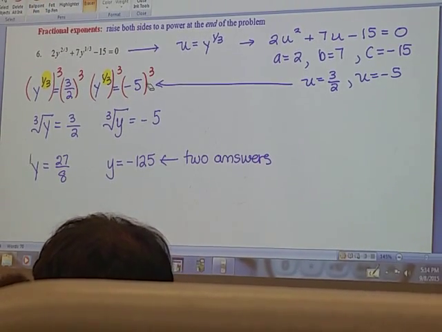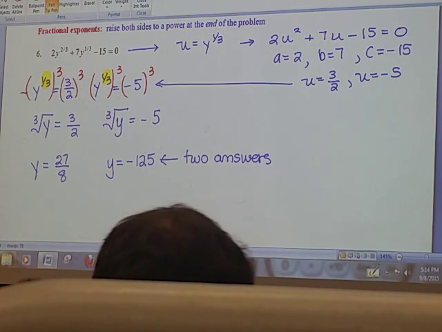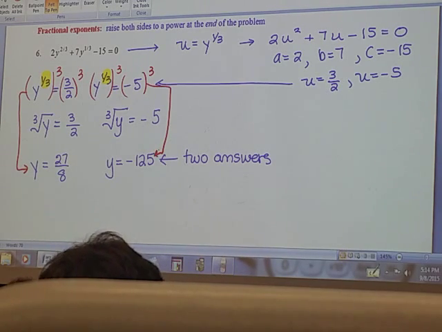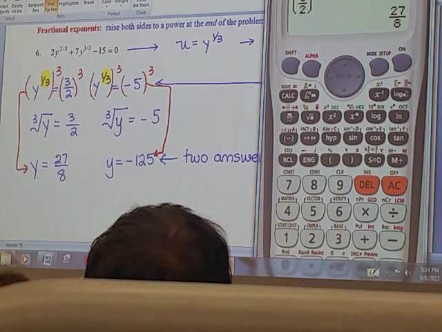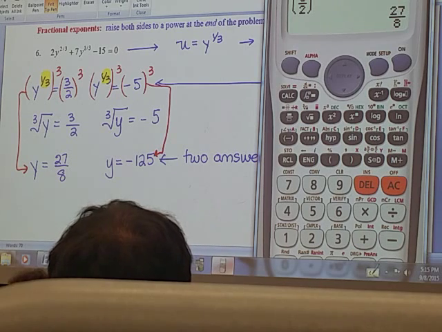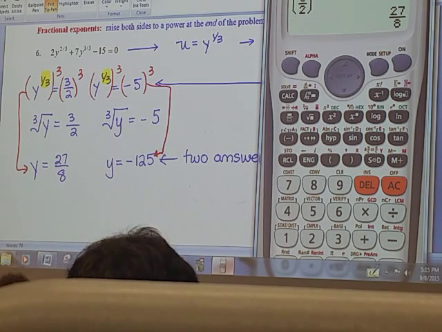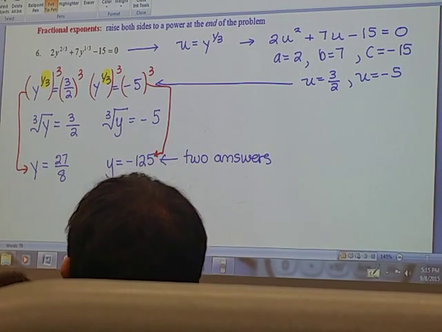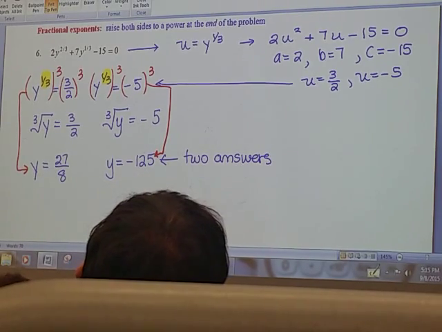Yes? This? I just cubed it then. Me solve it? That's good. Yeah, the first ones we did have 4.